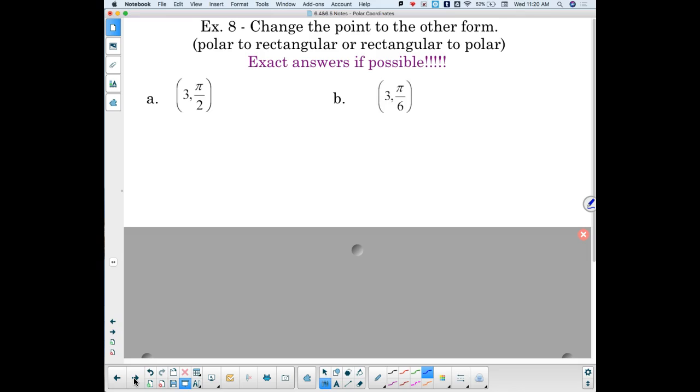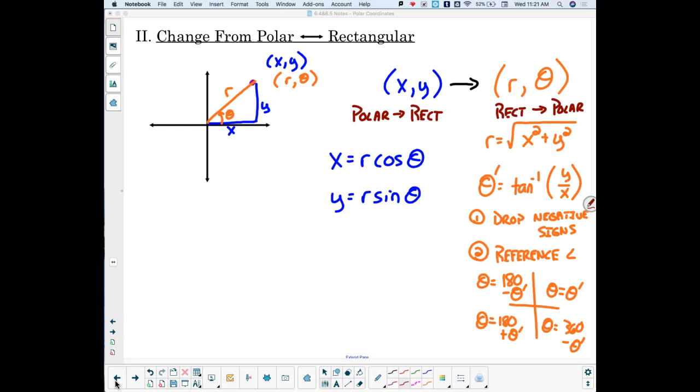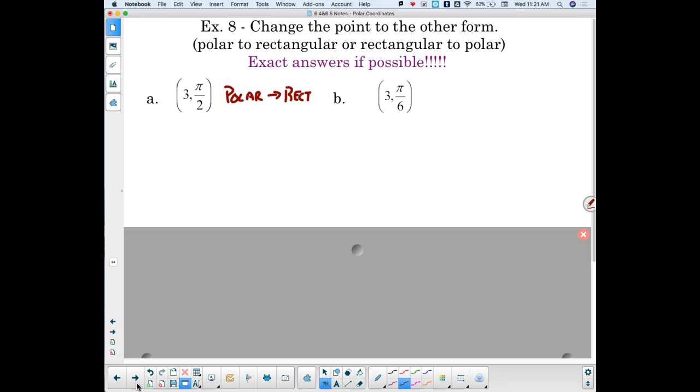All right? So in this one, I want to go from polar into rectangular. So polar to rectangular, what do I do?